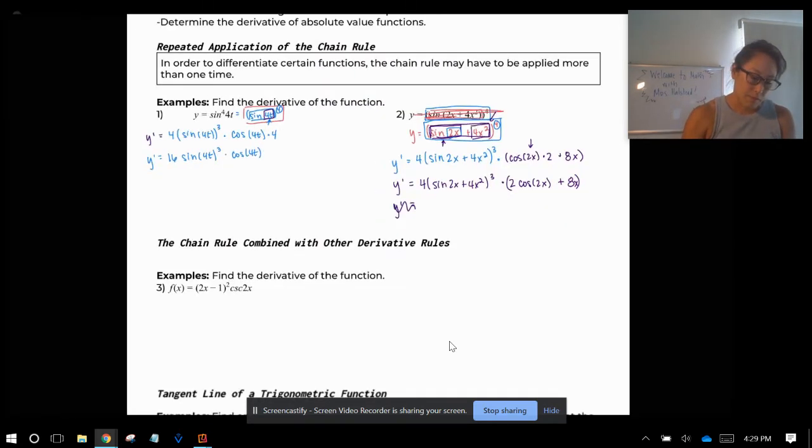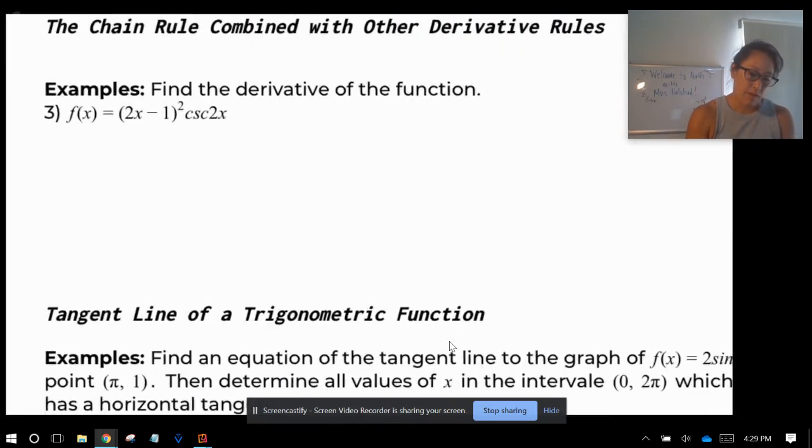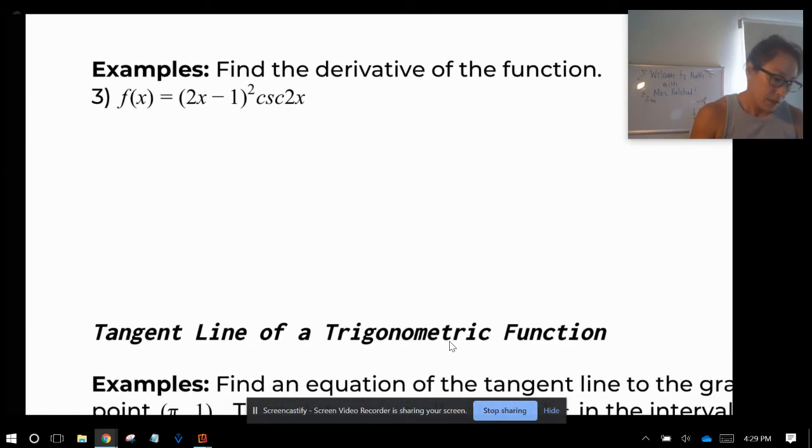All right, next up, find the derivative of the function. What's the outside? What's the inside? What kind of rules are we going to use? I have a lot of rules going on here because I have two factors: the factor of 2x minus 1 squared and cosecant 2x. Together these are going to give me the product rule.